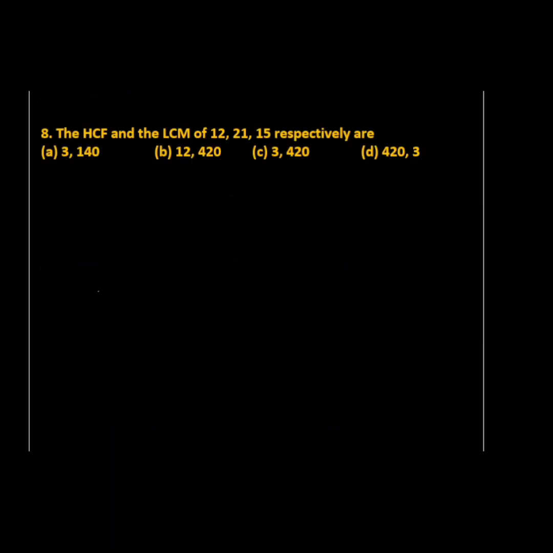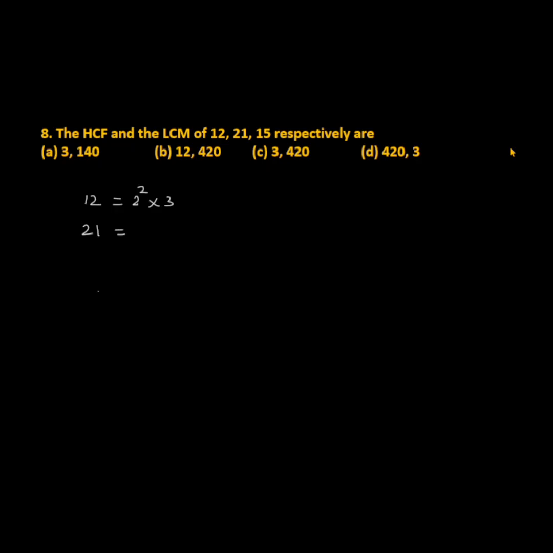Eighth question, HCF and LCM of 12, 21, 15 respectively are. So find the factors. 12, 4 3s are 12, so 2 squared into 3. Then 21, 3 7s are 21. Then 15, 3 into 5, 3 5s are 15.